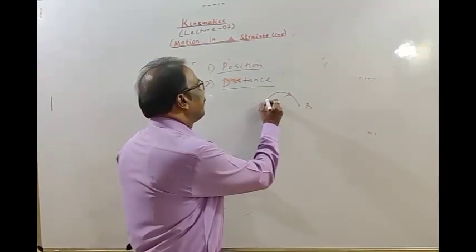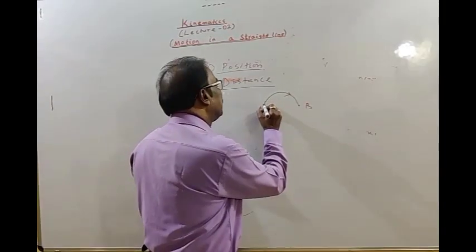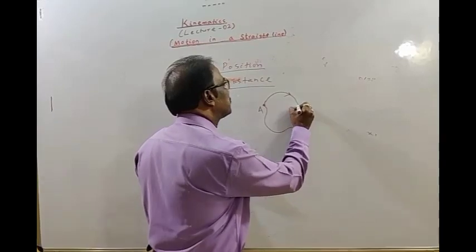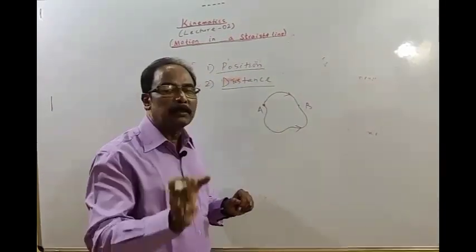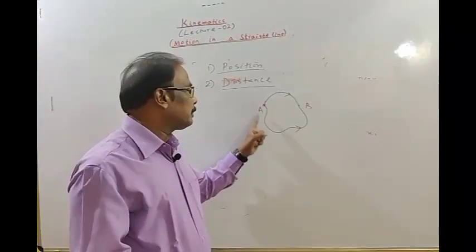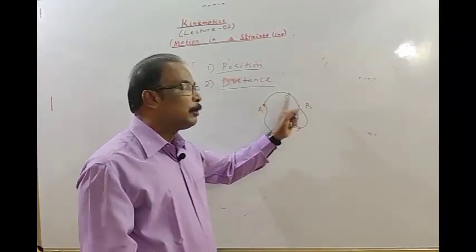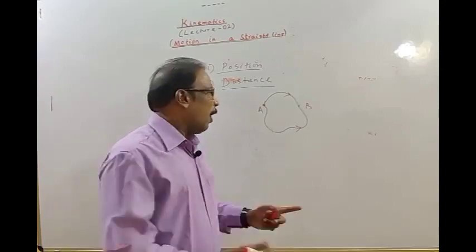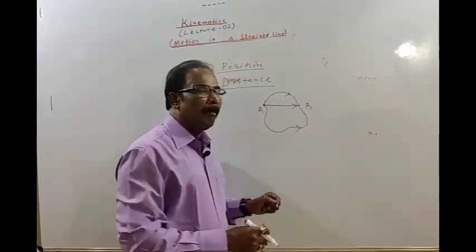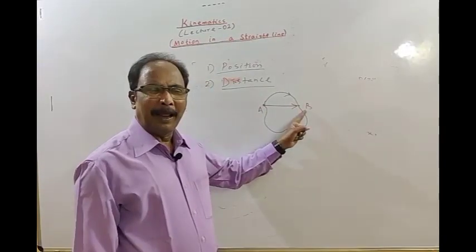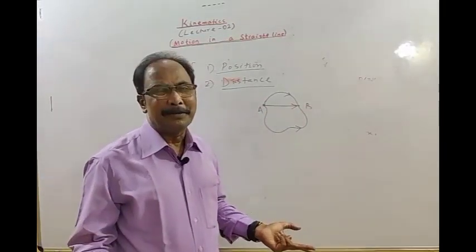If another body, starting from A, travels along this type of curved path, then to know the magnitude of distance, we have to measure the whole length of the path. Or if a body moves from A to B along a straight line, then this is also distance.